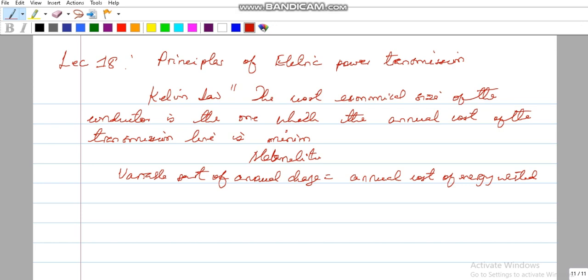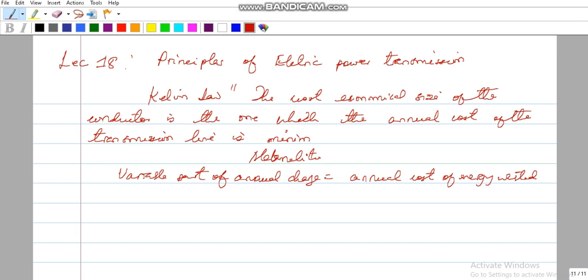In mathematical way unaweza ku state kama variable part of the annual charge sana, ndio tulichoona katika lecture iliyopita. Lakini theoretically hii law ina work, but practically ina some limitation. Sawa, in practical this law does not perform.